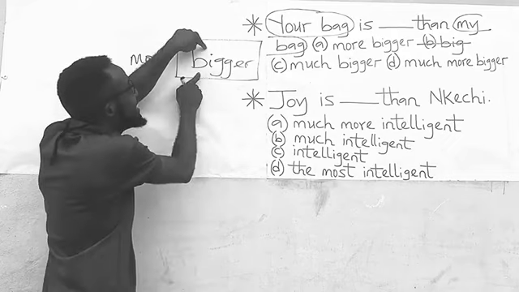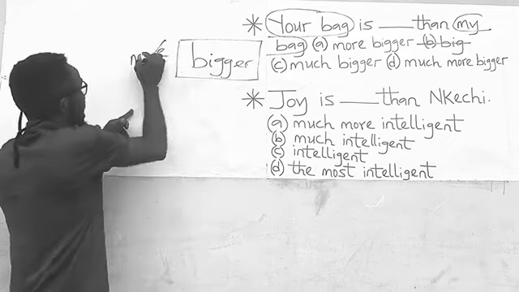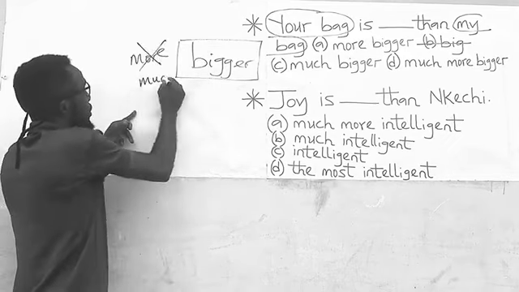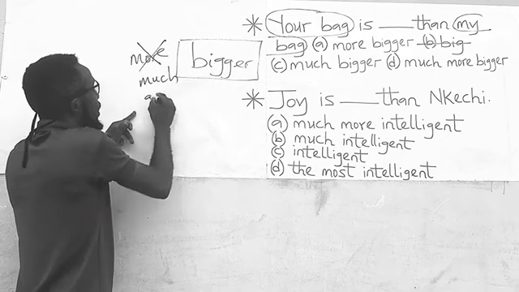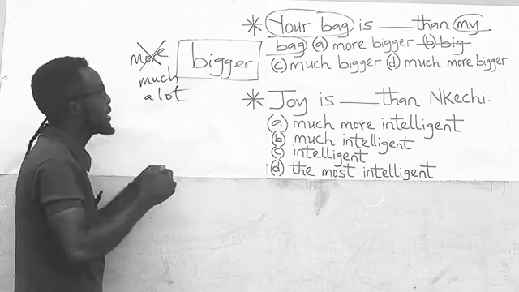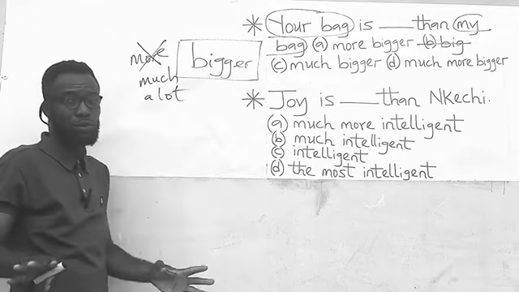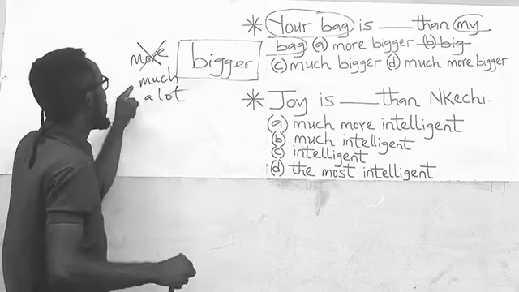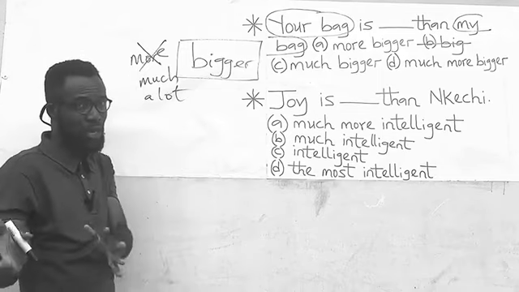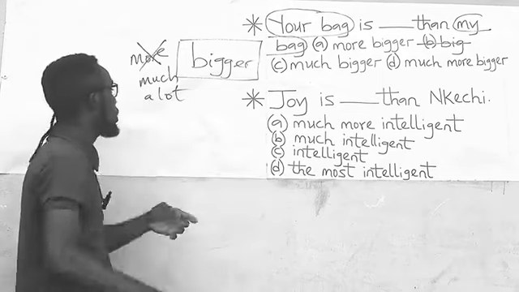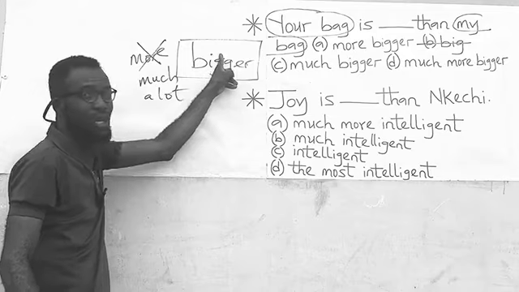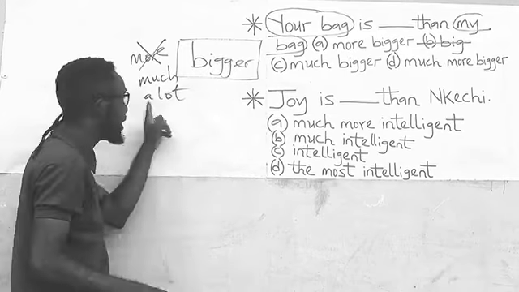Or if we must precede it by anything, it has to be much or a lot. So that we can say your bag is bigger than my bag, using the comparative alone in the sentence, or your bag is much bigger than my bag, preceding it by much, or your bag is a lot bigger than my bag, preceding it by a lot.